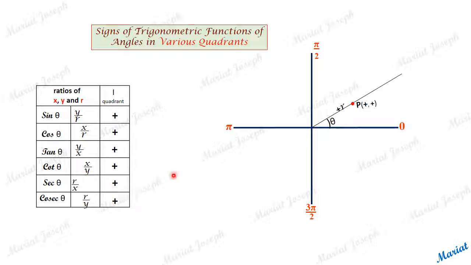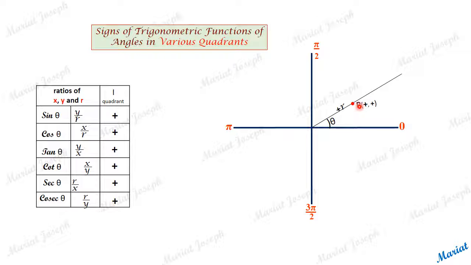In other words, trigonometric functional values of an acute angle, meaning between 0 and 90 degrees, between 0 radian and pi by 2 radian. Any such angle, its terminal side will lie in the first quadrant, and all trigonometric functional values will be positive since the three numbers x coordinate, y coordinate and r, all three of them are positive.